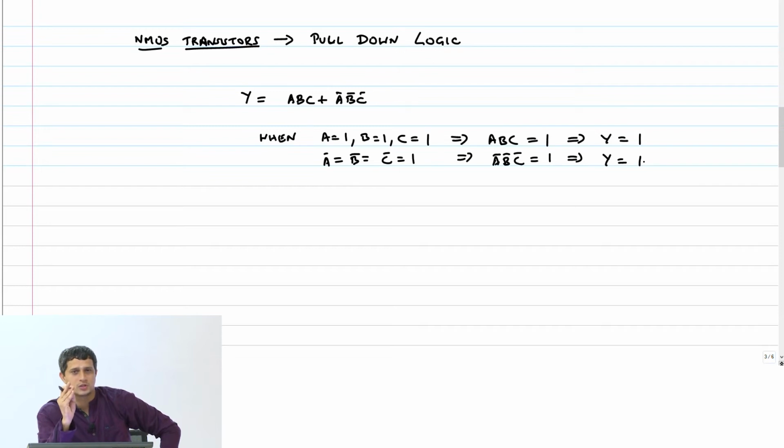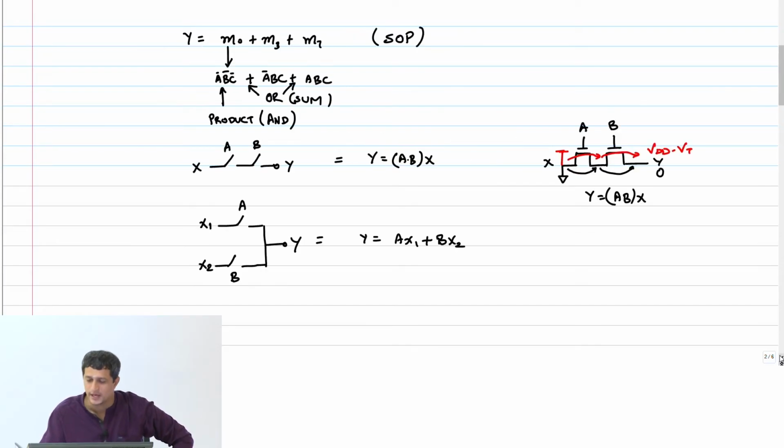So the inputs that are going to control these switches are active high inputs. And when any of these minterms get activated, the output has to go high. Now this active high input is not a problem because naturally the NMOS transistor has an active high input.